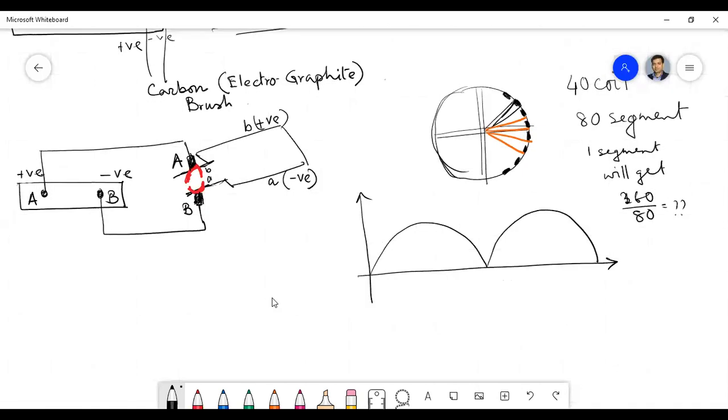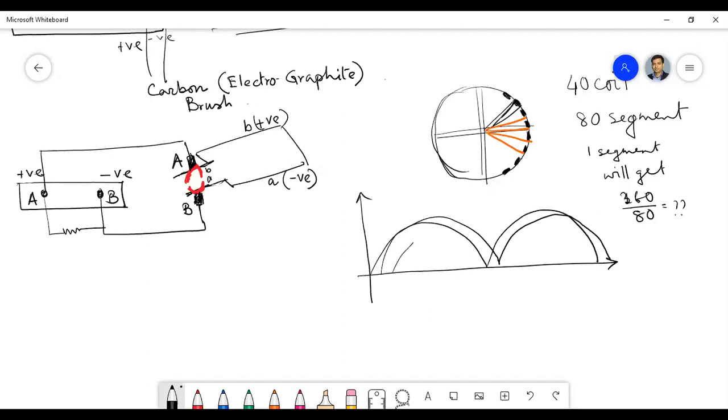Sir, if the ring is split, then how will it be connected? I think you have shown point A and point B for only one split. Sir, if we have two splits, then how will it be connected? The part where the load is connected is capital A and capital B, here I can connect some load.